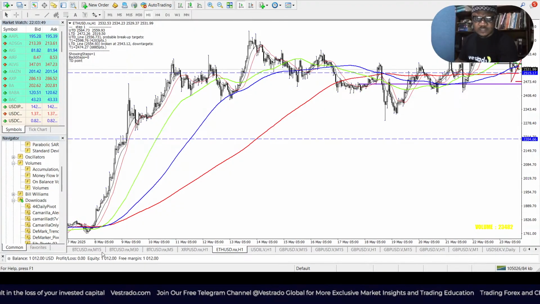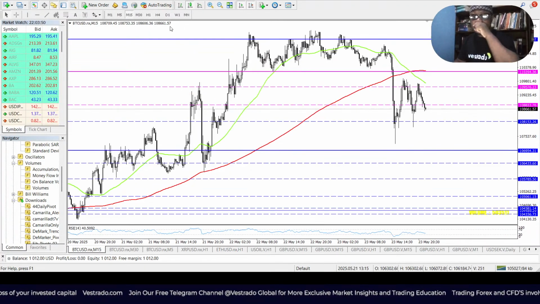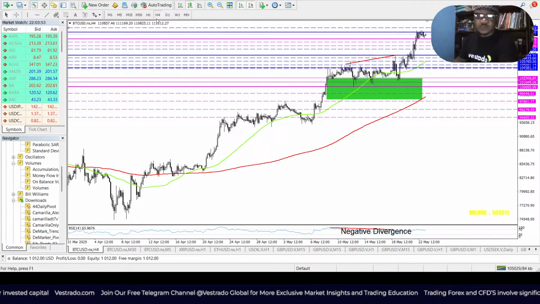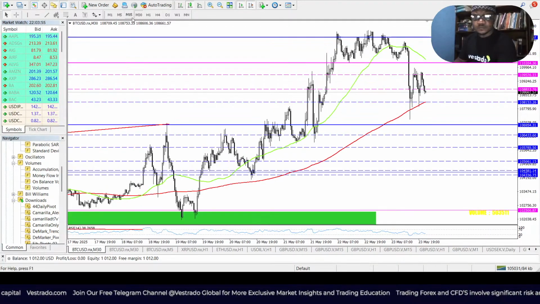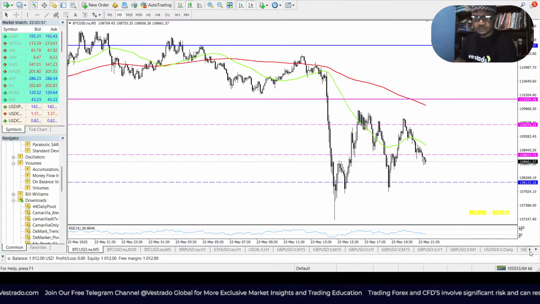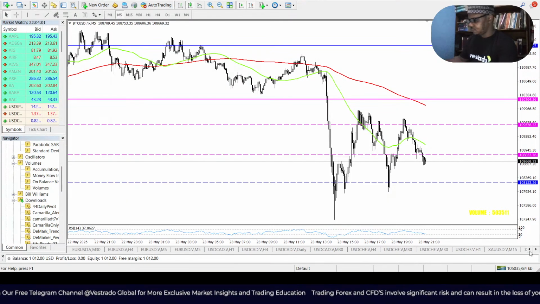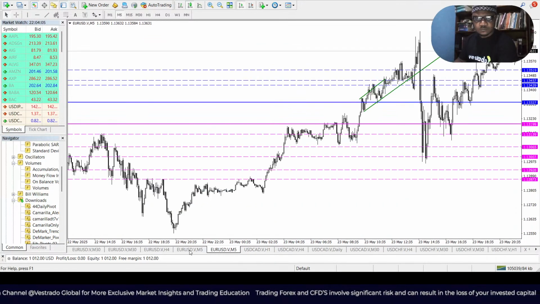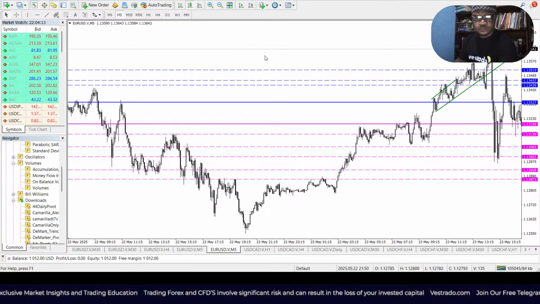So let's try to look at another pair right here. By the way, Bitcoin has been moving very nicely. Now let's see where the Fibo possibly played a role.